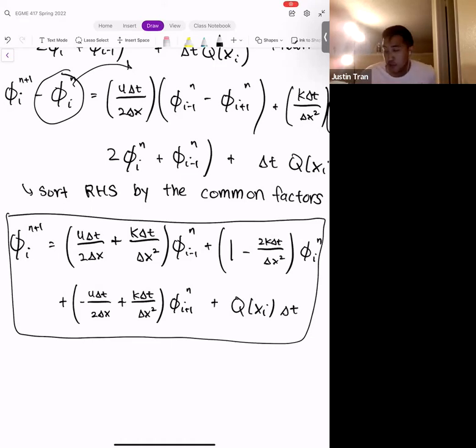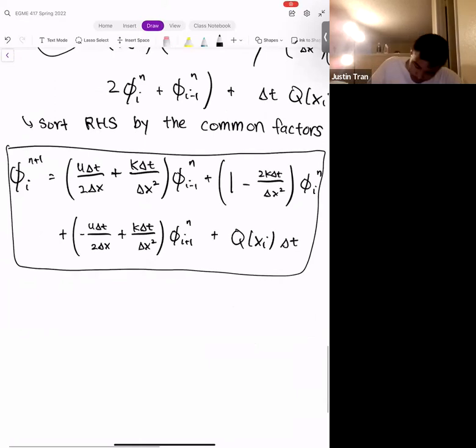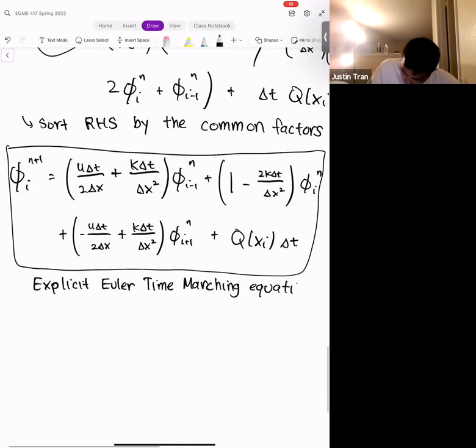And so this is our explicit Euler time marching equation for this equation. Here we obviously have an algebraic equation, and we can just plug in directly all of these parameters.